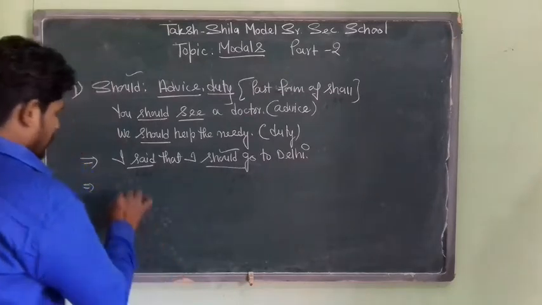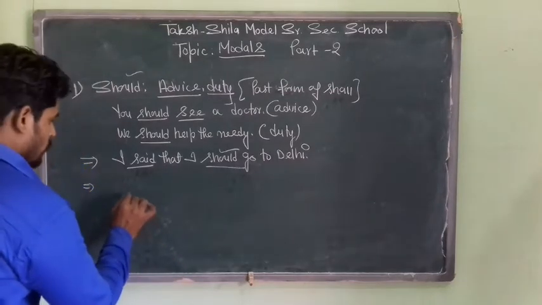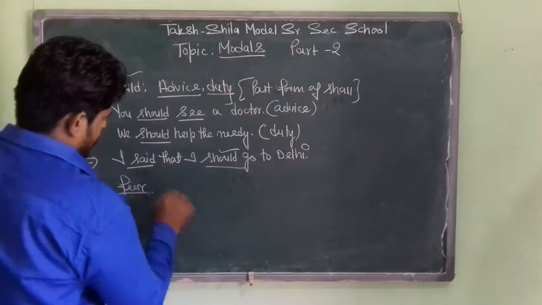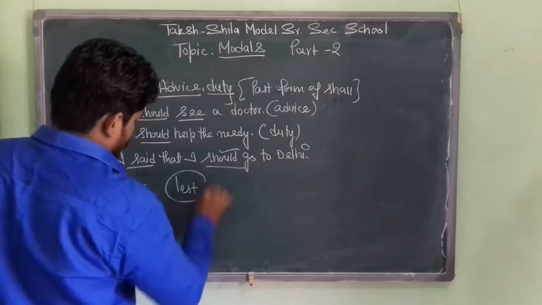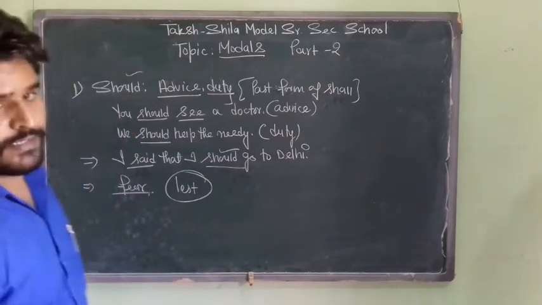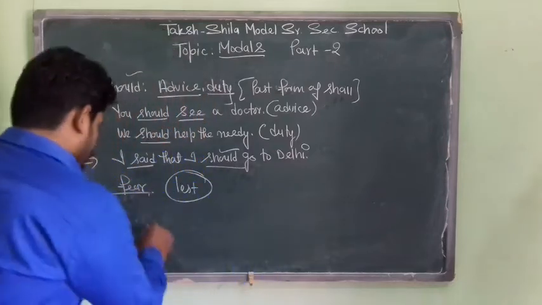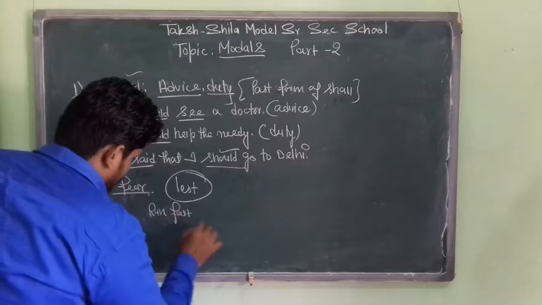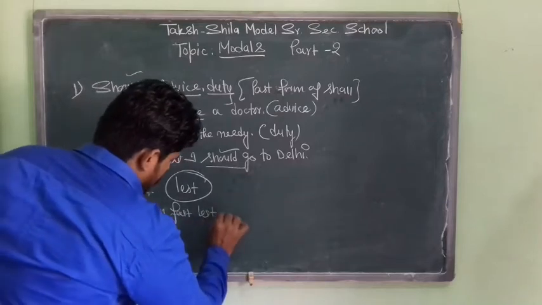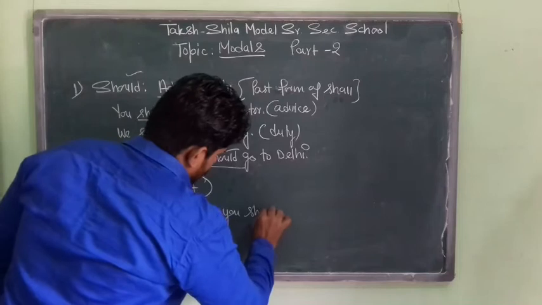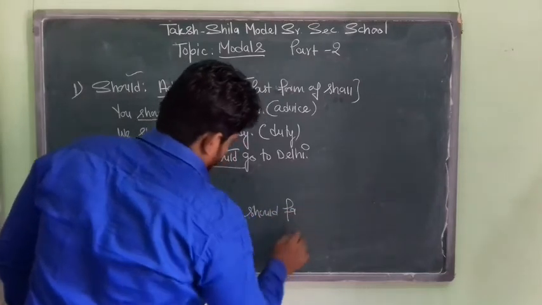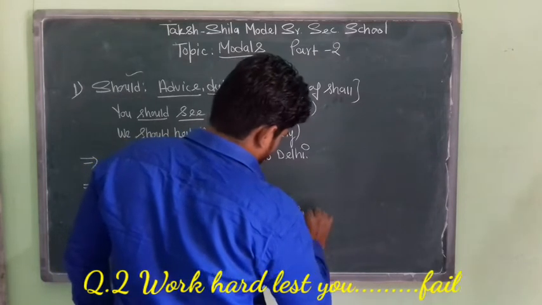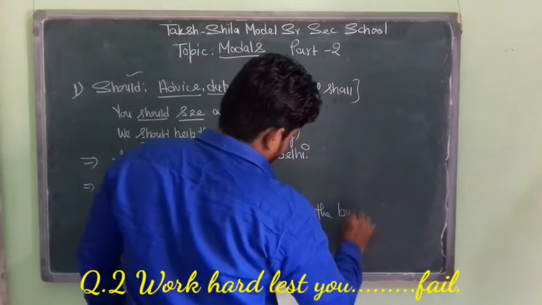The third use says that should is used to express fear, and it is used in this way with the word lest. For example, run fast lest you should miss the bus.